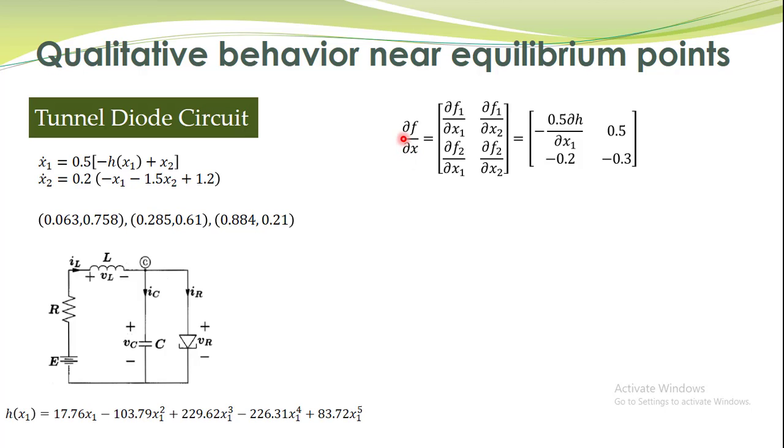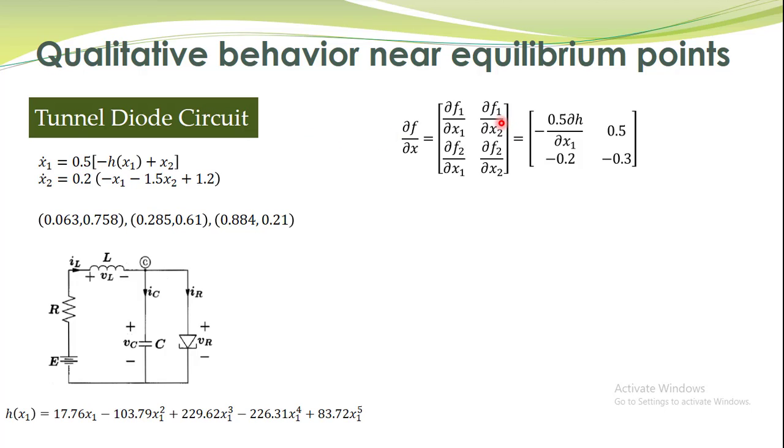Jacobian matrix is given by this relation: partial derivative of f1 with respect to x1. What is its partial derivative? Partial derivative of this term with respect to x1 is 0. So the partial derivative of h with respect to x1 is written over here with a negative sign, and 0.5 is from here.